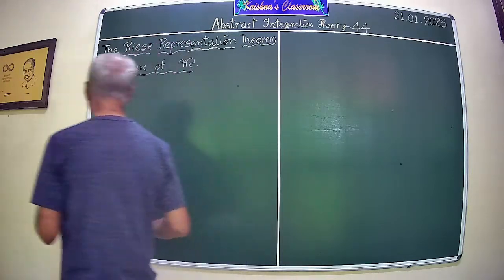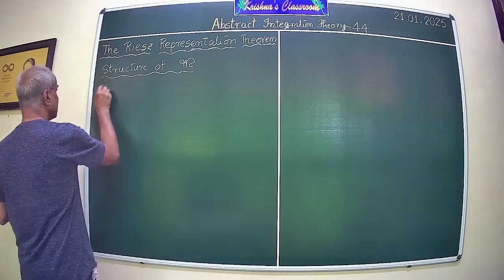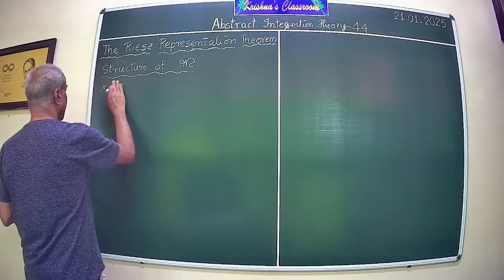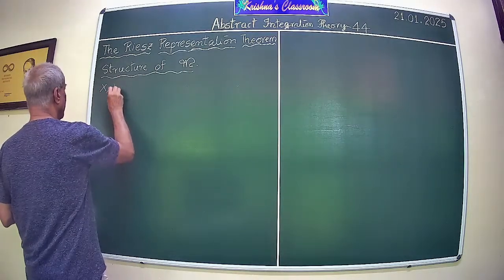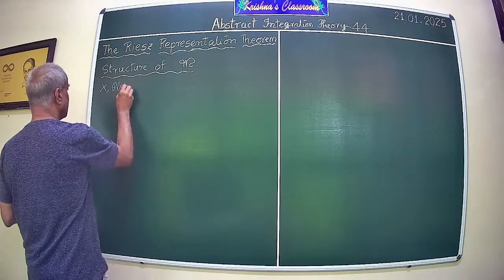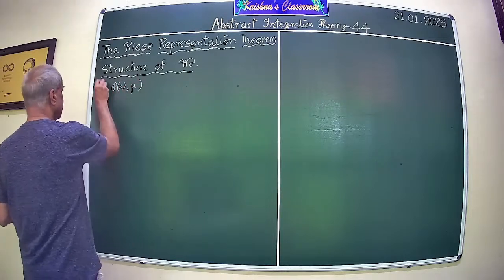So we shall write here: we have X and mu to start with.